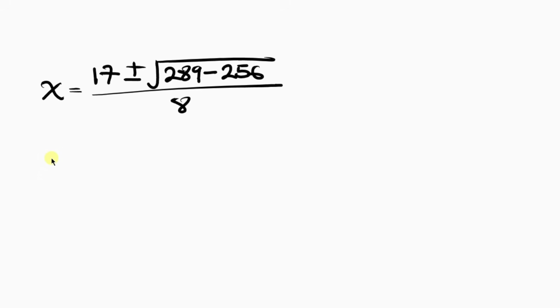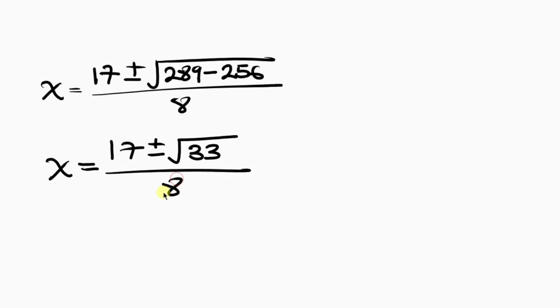So our equation becomes x equal to 17 plus or minus the square root of 289 minus 256 is 33, all over 8. Very good.